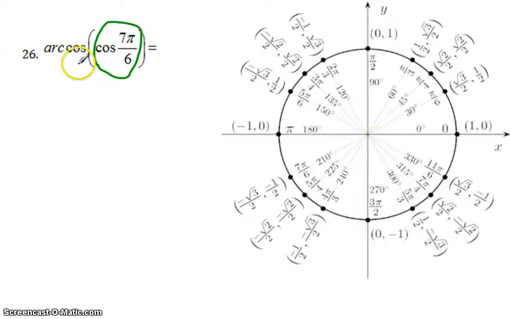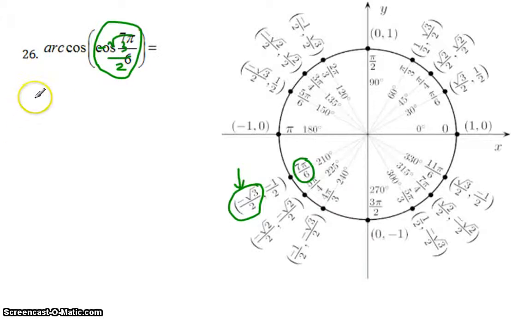The inverse of cosine only lets me look in the first and second, but regular cosine lets me look in all 4. So 7 pi over 6 is located right here. Cosine is going to be my x value. So my answer to my first part is going to be right here. So now this is going to say negative square root of 3 over 2.